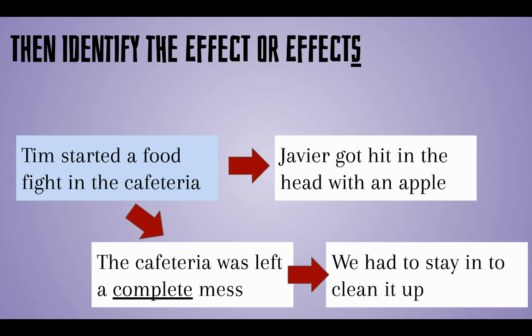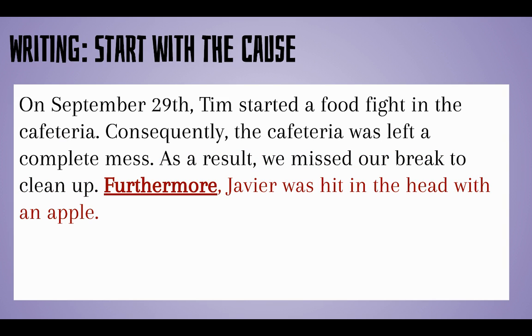This still leaves us with poor Javier, though. We haven't figured out how to communicate that he got hit in the head with an apple because Tim started a food fight. I'm going to add a sentence about Javier, and I'm going to use one of my addition transition words here to show that this is a different effect. This is completely unrelated to the first string of effects.